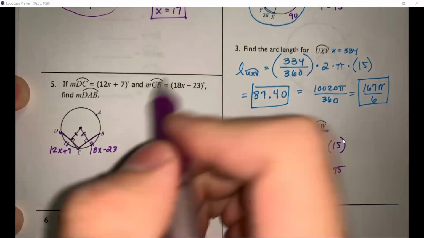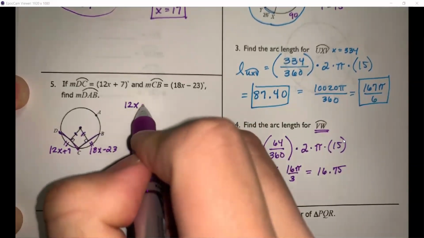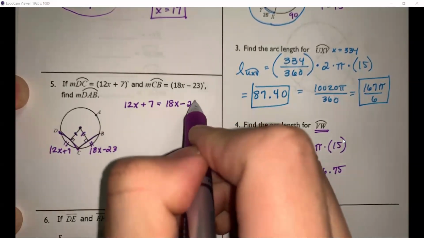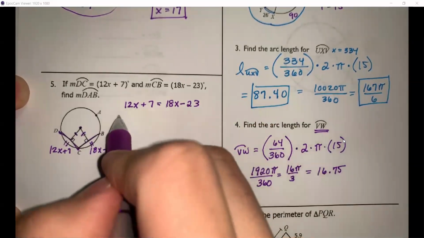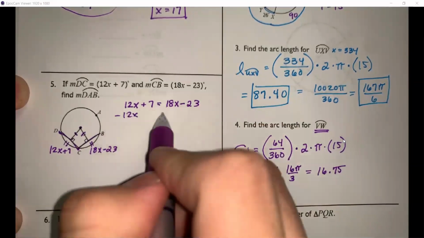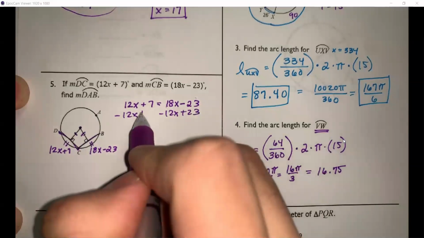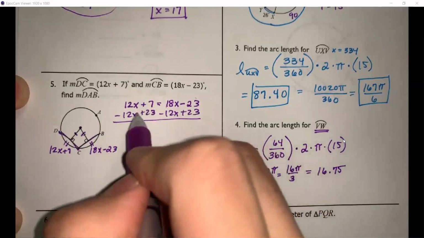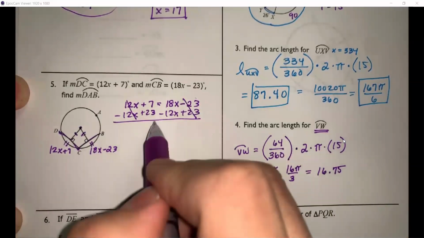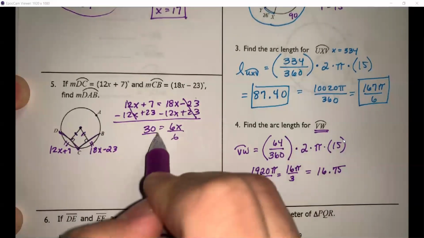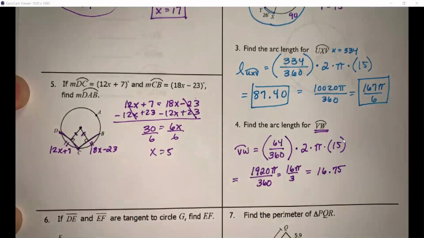So we can set these equal to each other: 12x plus 7 is equal to 18x minus 23. I have minus 12x on both sides, and I'll move the 23 over at the same time to save some space. So these cancel, these cancel. I'm left with 30 is equal to 6x. When I divide by 6, I get x is equal to 5.